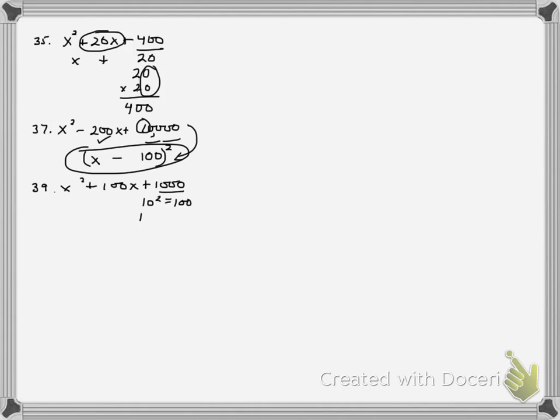If I have 100 squared, I get, as we just showed you, 10,000, 4 zeros. So I don't have a number that could multiply together to give me 1 there with a certain number of zeros. That would be an even square. So this is the problem, and I cannot factor this into a binomial squared.